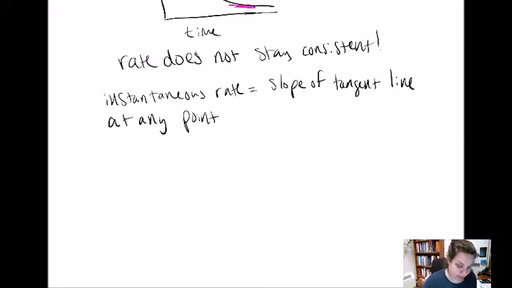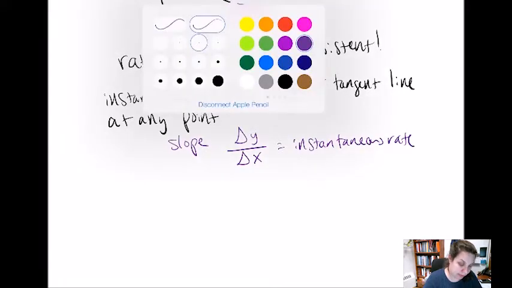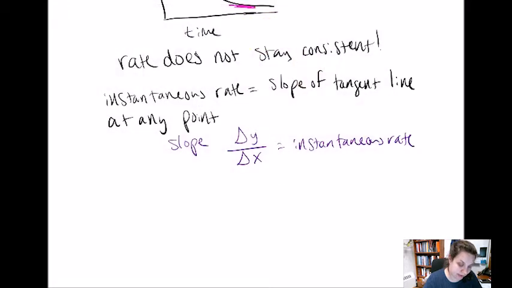For our instantaneous rate itself, you take the slope, delta y over delta x of that tangent line, and that will give you your instantaneous rate. Okay.